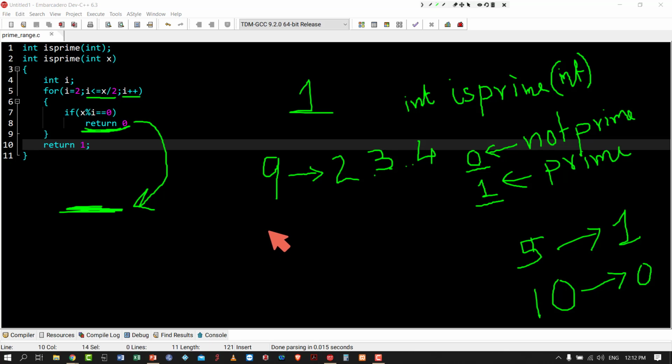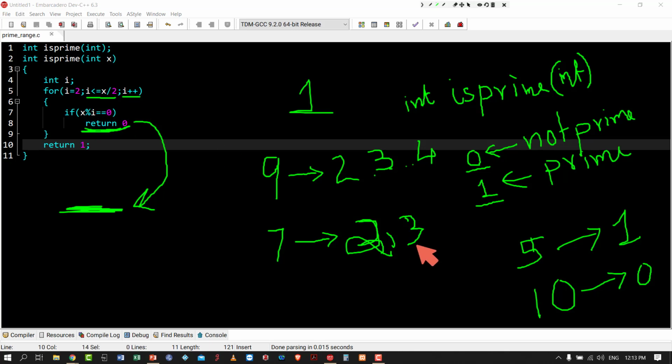I am taking another example, 7. 7 means the I values will range from 2 to 3. It will only execute for 2 and 3. First 7 mod 2. 7 mod 2 is 1. So this statement will not execute.